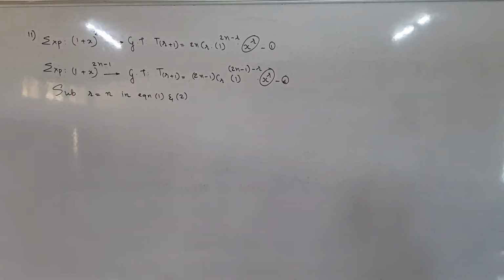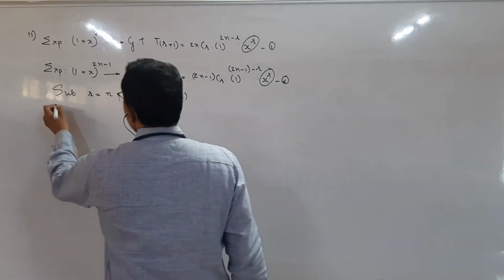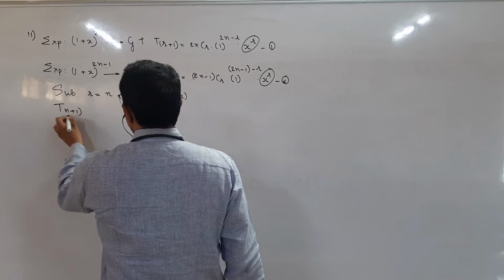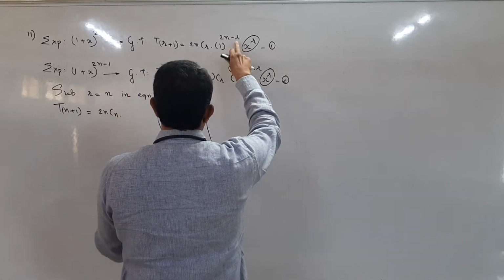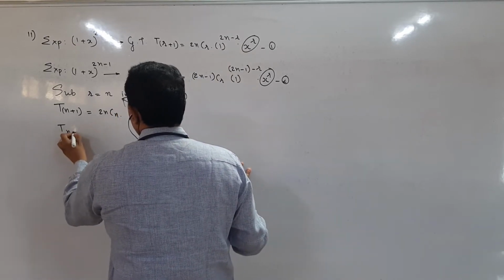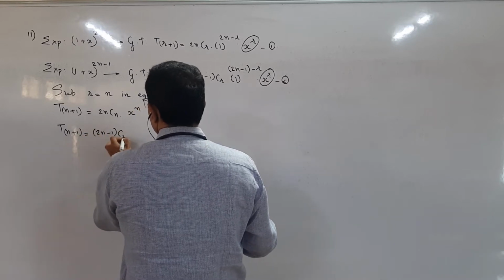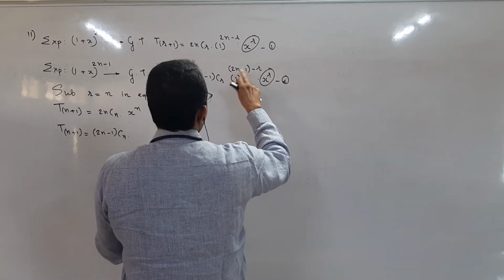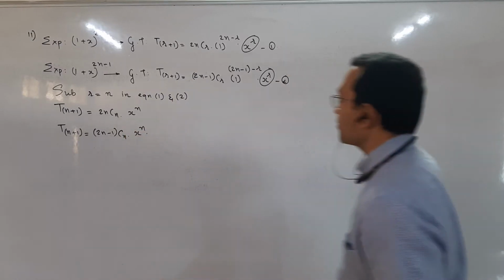To get the coefficient of x^n, I need to substitute r = n in equations 1 and 2. So we get t(n+1) = 2n C n, 1 raised to n power is 1, so x^n, and t(n+1) = (2n-1) C n, again this will be n minus 1, 1 raised to n power is 1.